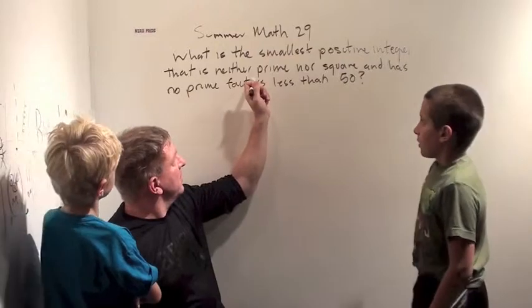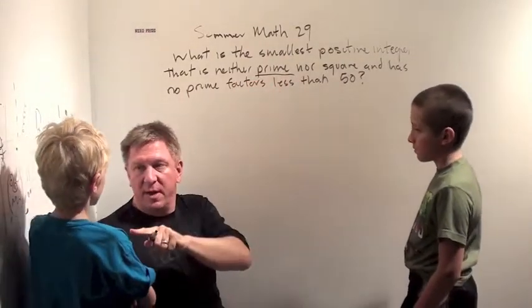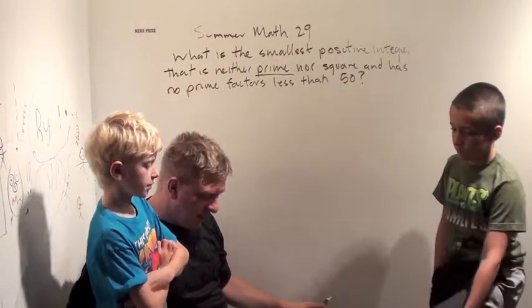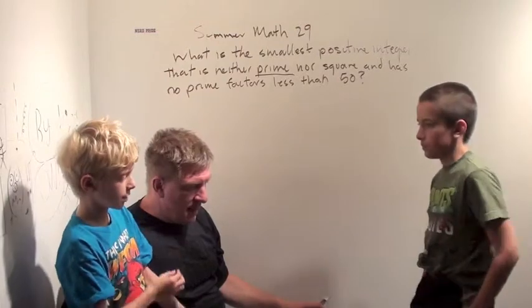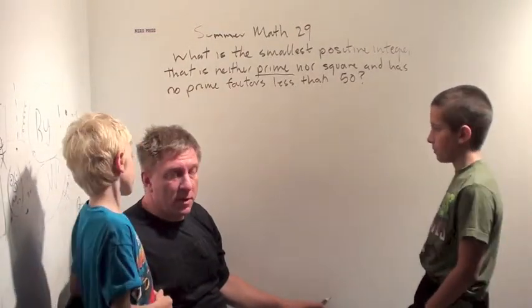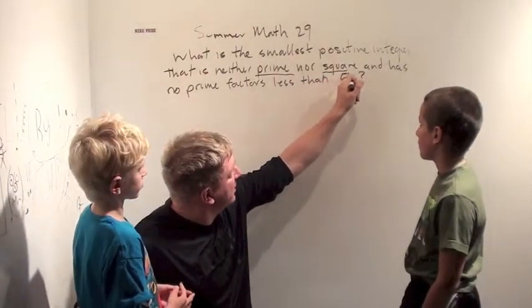What does it mean that it's not prime? What does that mean for a number to not be prime? The number of factors is more than 2. Okay, so it's got more factors. What about not being a square?